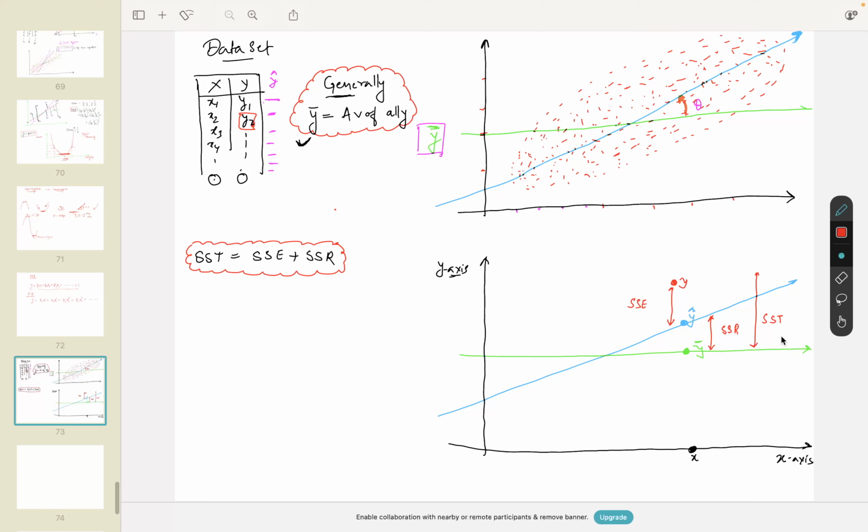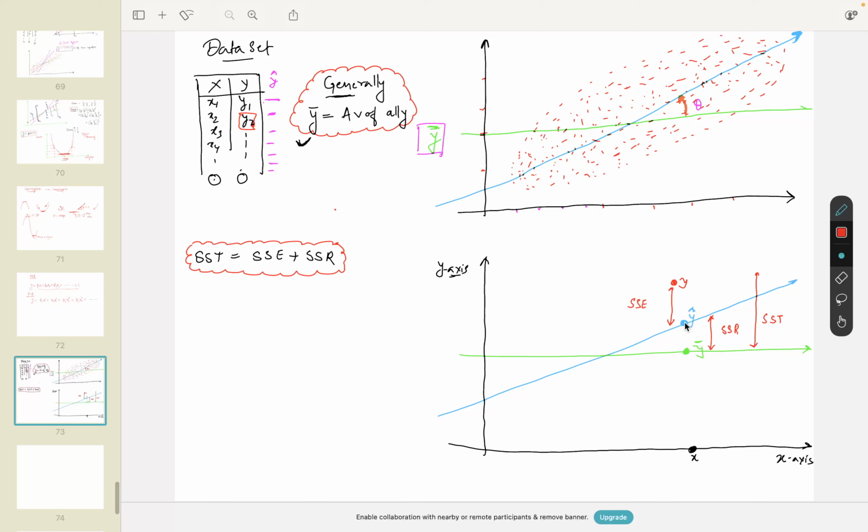Whatever the error was with the y average will be very high compared to the linear regression, because we made the linear regression model to decrease the error part. Maybe we try to decrease the error part, but we can't decrease the entire value.